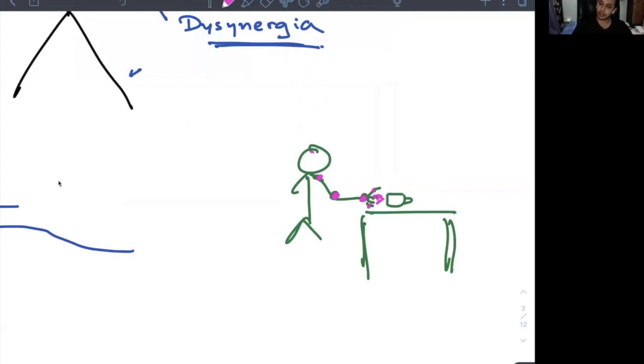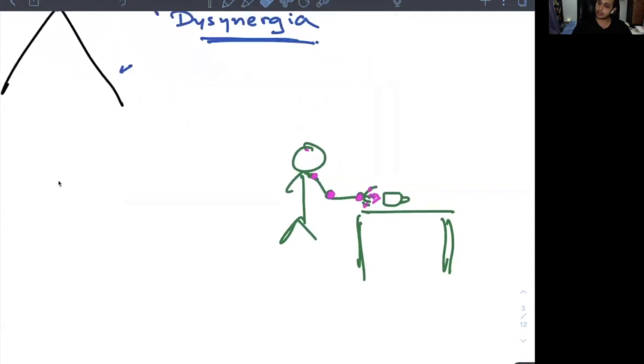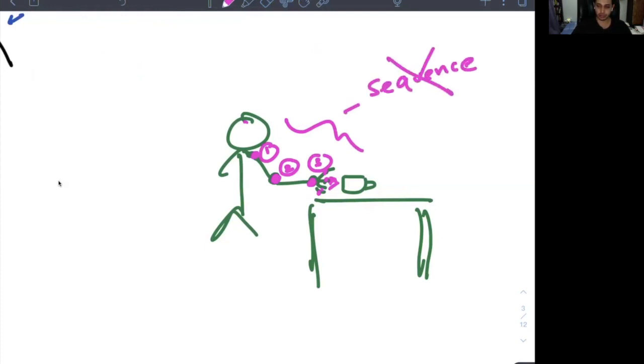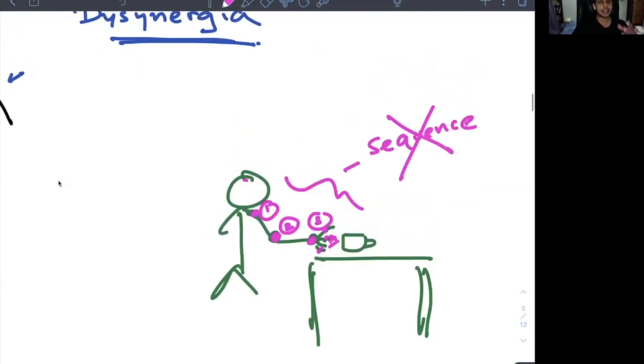So first your shoulder has to move, then your elbow has to move, then your wrist has to move. If this sequence of joint movement is lost, sometimes your elbow might move first and then your shoulder, or your fingers might grasp first and then you will extend your hand, because that sequence is lost. In that case, you get dyssynergia.